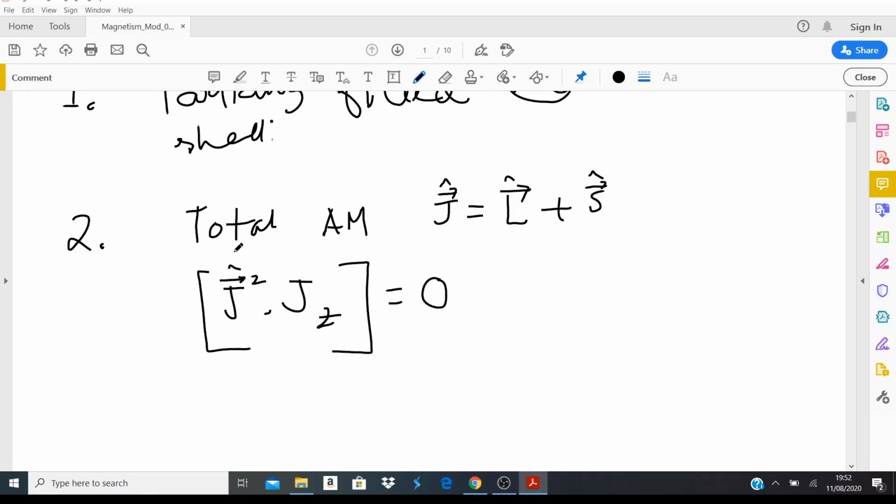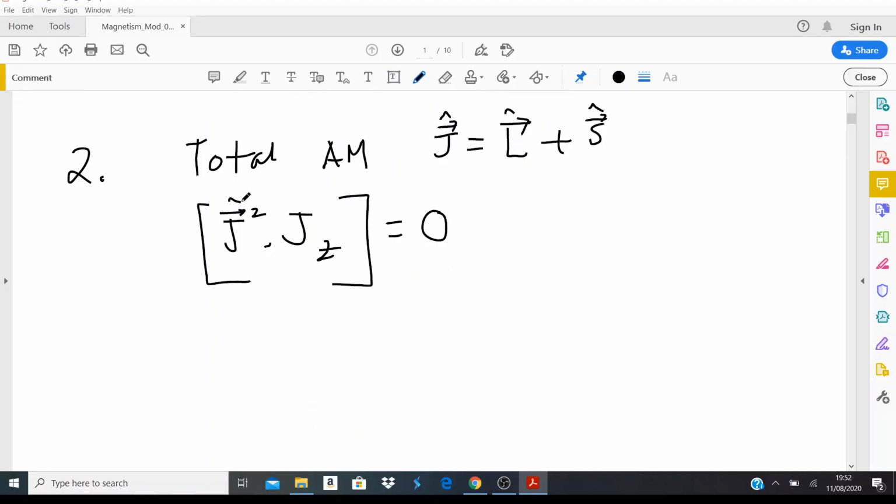It means J squared and Jz have a common set of eigenvectors, and we can operate on the same state by these two operators, right? And for the state of this total angular momentum, we need two quantum numbers, j and mj. We have discussed these things in detail in the previous lectures.